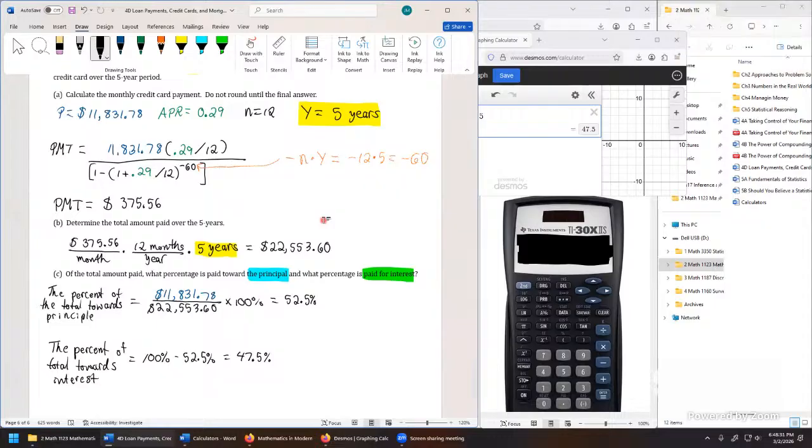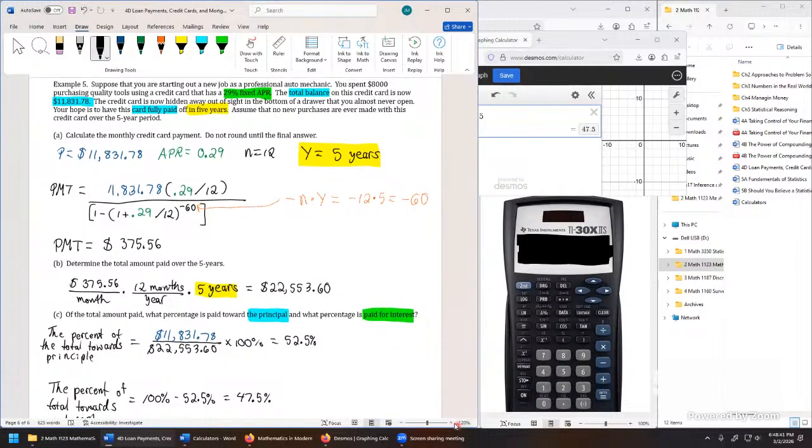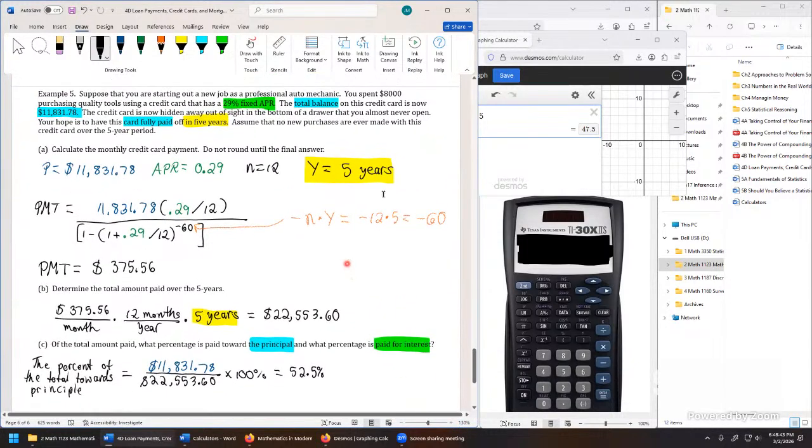I have a question, and it's just because of the way I read this problem, and I want to make sure that I understand, so on the exams I answer it appropriately. When I first looked at this and it said that he spent the 8,000 purchasing his tools, and then I looked at the 11,000, it looked to me like that was just the interest that had been accruing over however long he had it before he decided to pay it off.